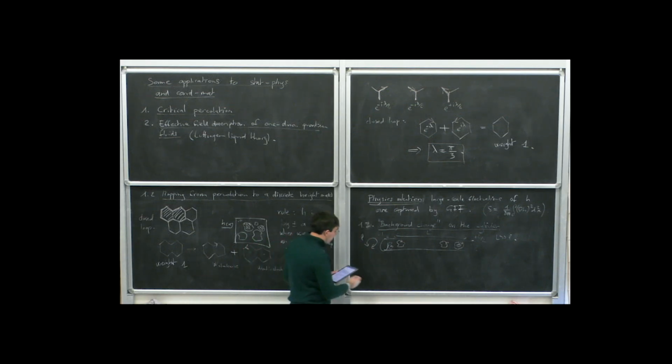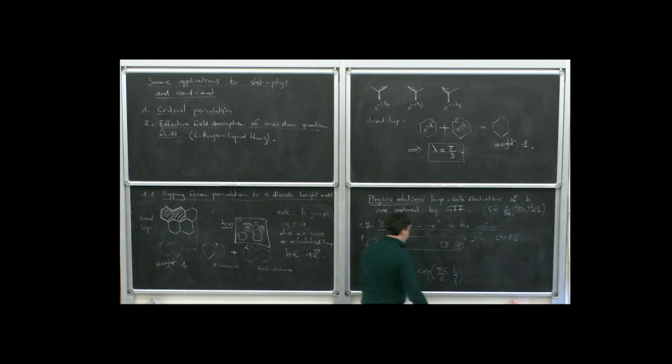Okay, but now there is a big problem. What's the big problem? Last time we saw that the Gaussian free field is a conformal field theory, and the partition function on a long cylinder goes as exponential of pi c over 6 times capital L divided by little l. This is what we saw last time.